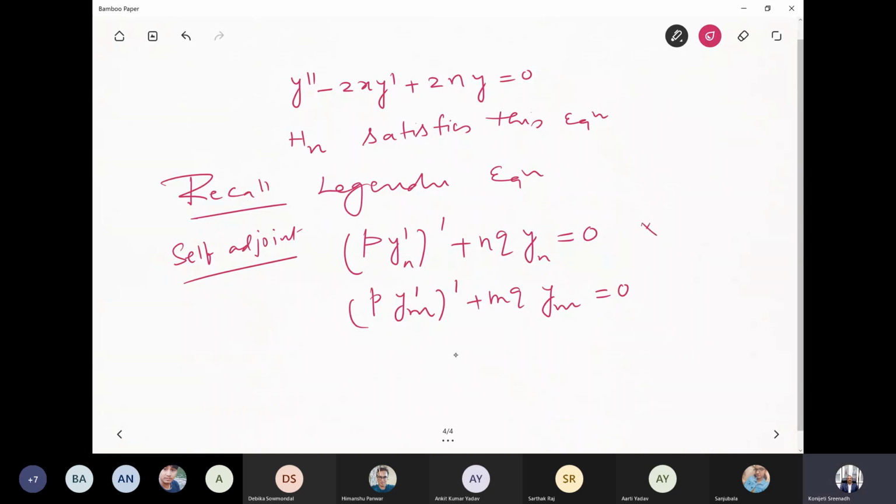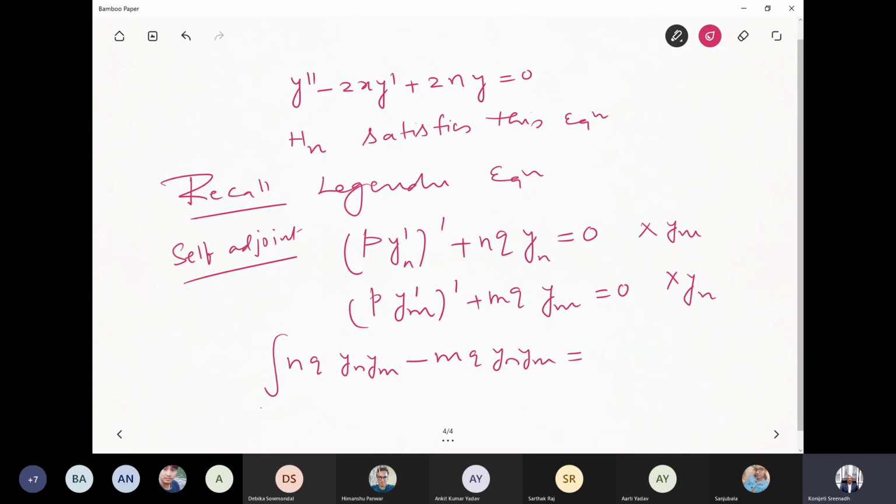You can multiply this equation by ym and the other by yn. When you do that, one term that you will have is n q yn ym minus m q of the same thing, and then you can write the integral, wherever the solutions are valid.